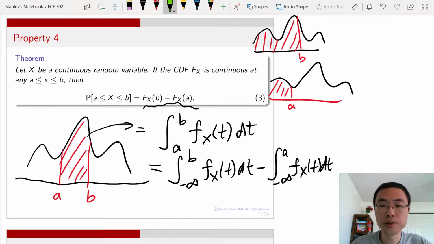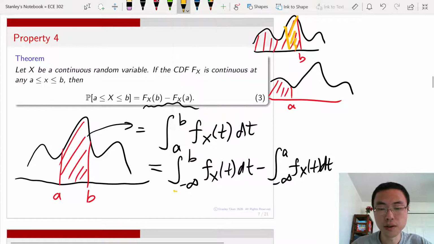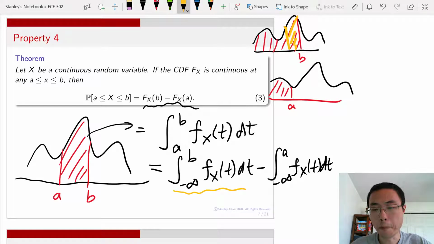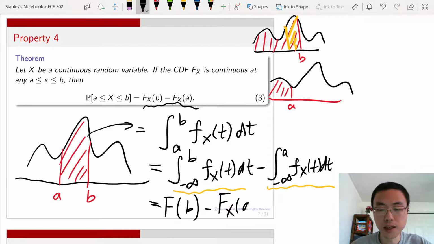If you take the difference, you get this region. That explains why we have the integral from minus infinity to b minus the other integral from minus infinity to a, and this is precisely just F at b minus F at a.